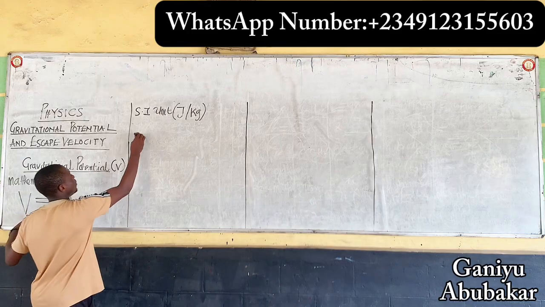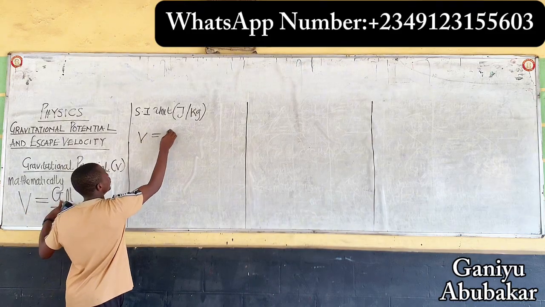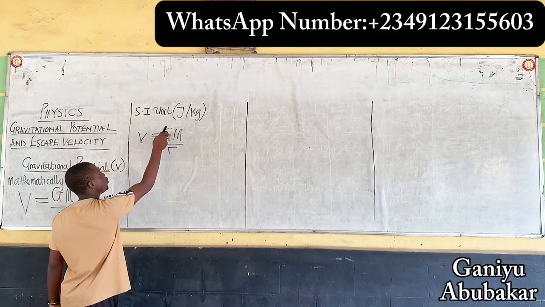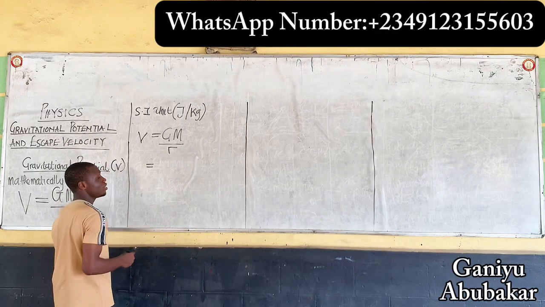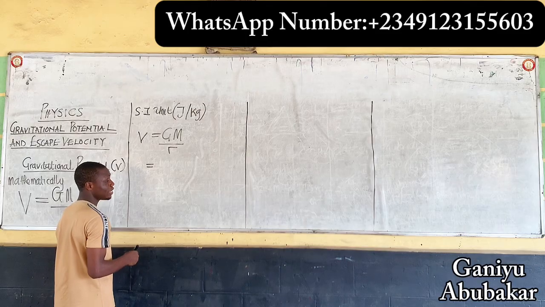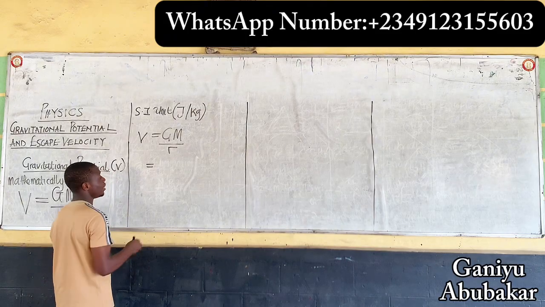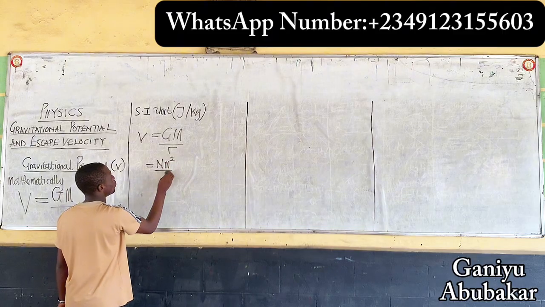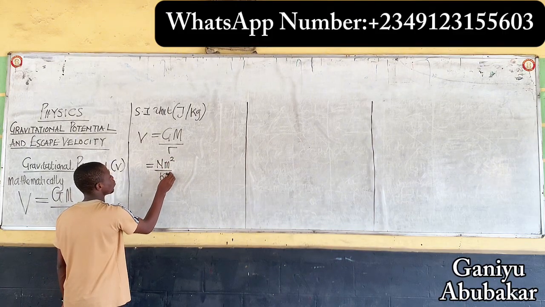We said V is of course GM over R. G is the universal gravitational constant and its unit is Newton meter square over kilogram square.